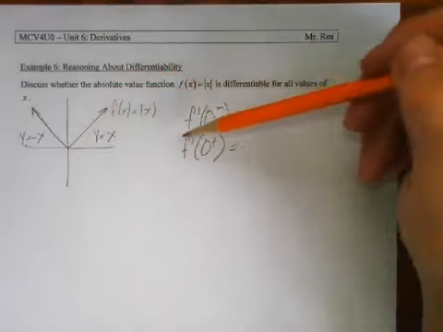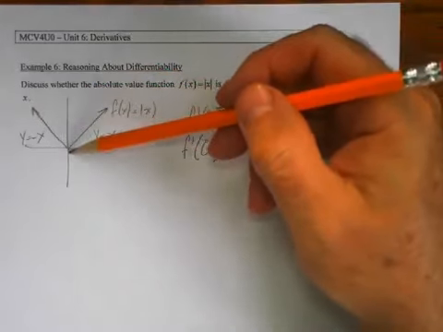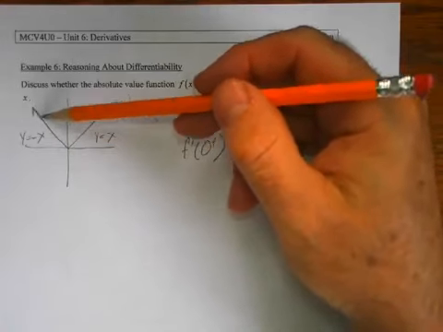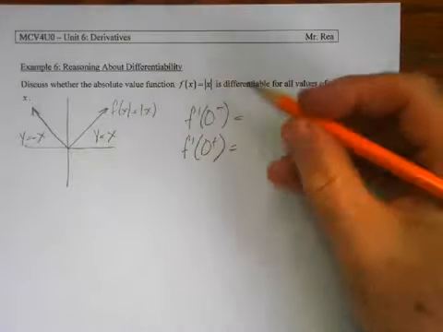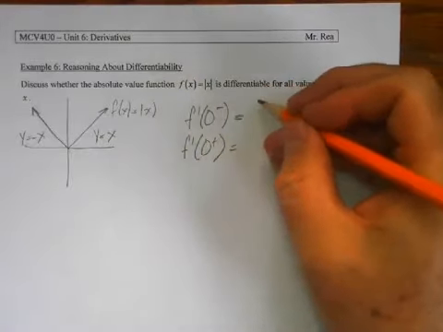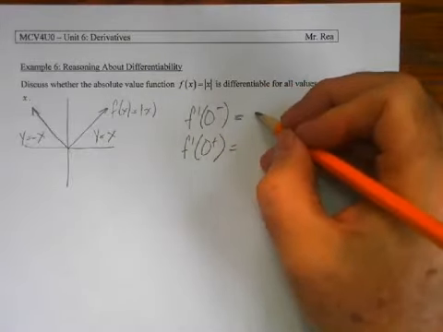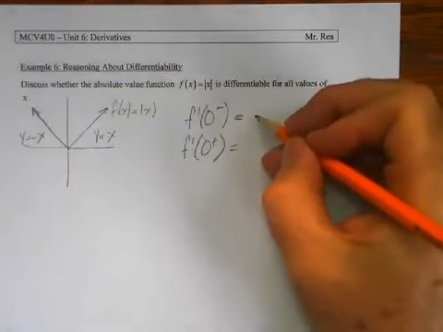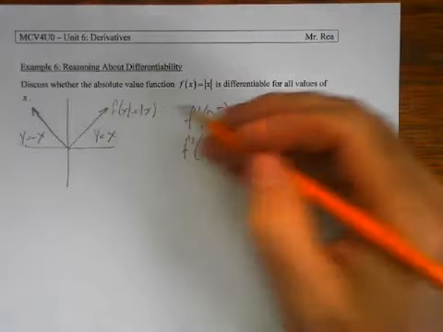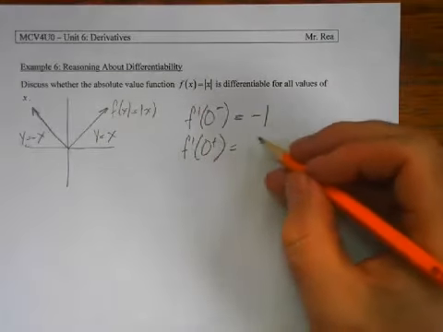So as we're coming down towards that point 0, for every value along there, the derivative is -1. On the other side, on the right side where x is positive, the derivative is +1. Okay, obviously these two values don't match.